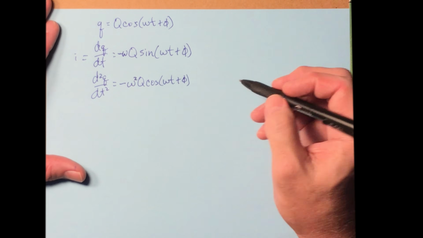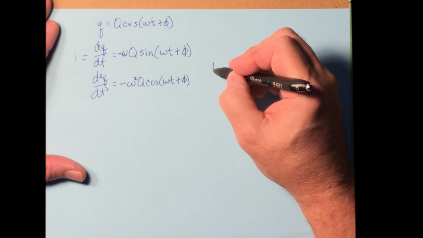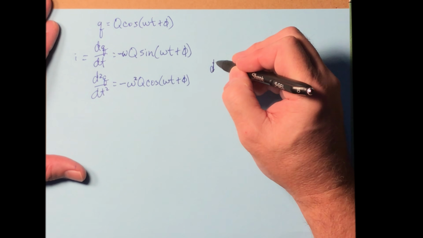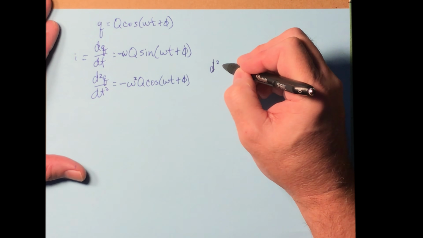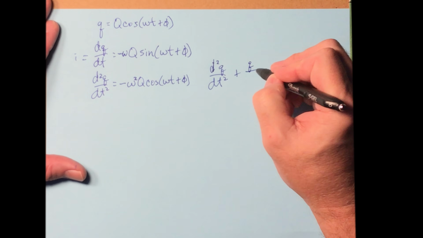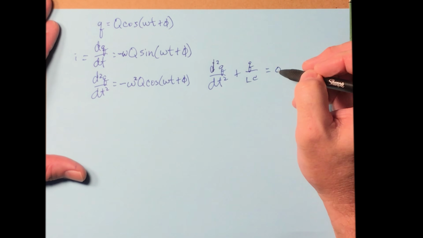All right, our equation was this, d squared q dt squared plus q over LC is 0.